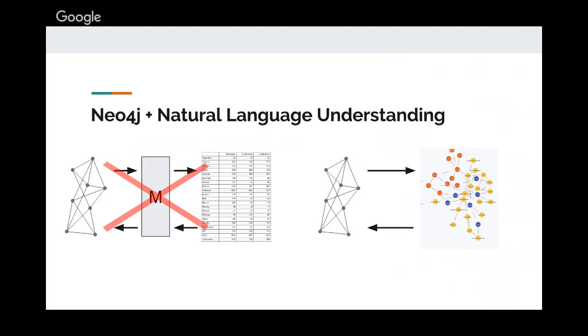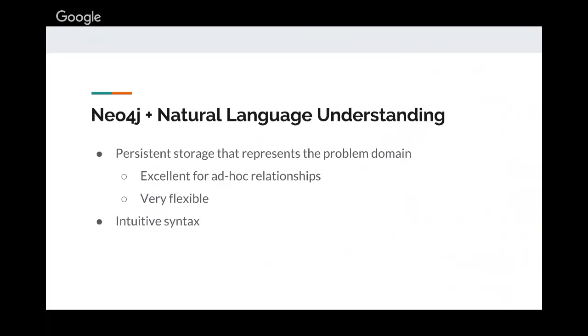So we looked into a few different technologies and decided to land upon Neo4j. The reason why is we wanted, again, persistent storage that represents the problem domain. And we found that it's quite excellent for ad hoc relationships, and it's very flexible and has, at least when I was working on it, quite intuitive syntax.